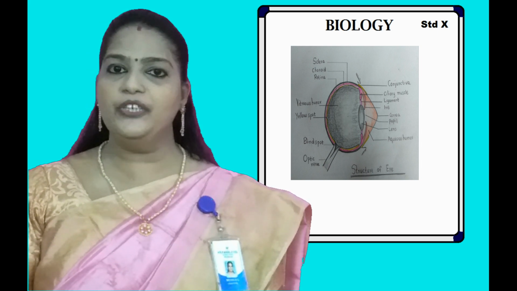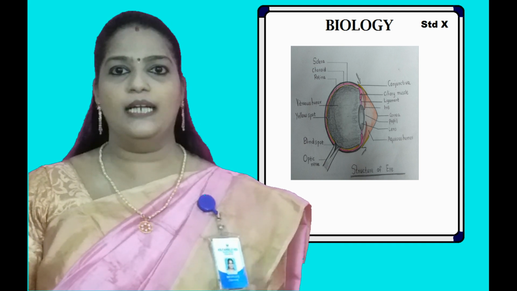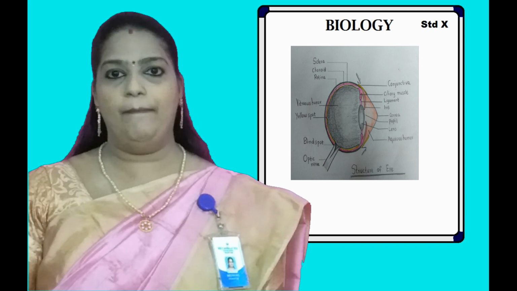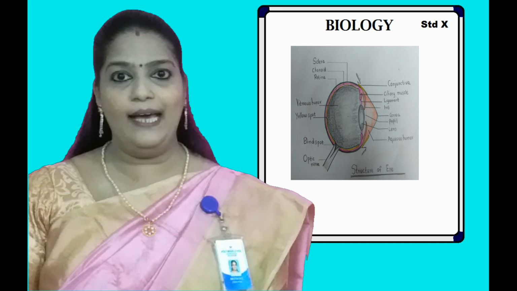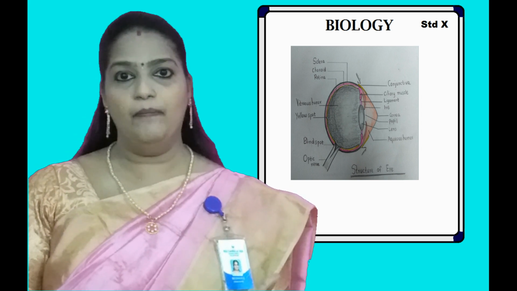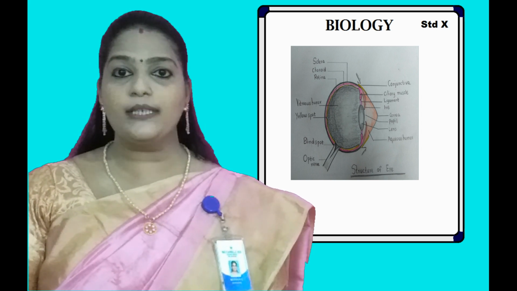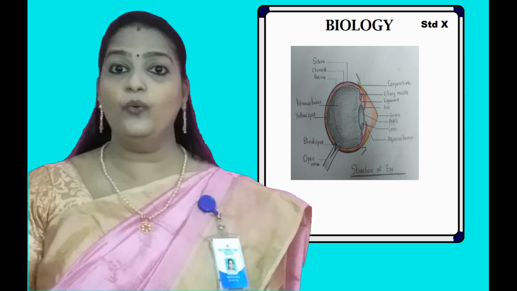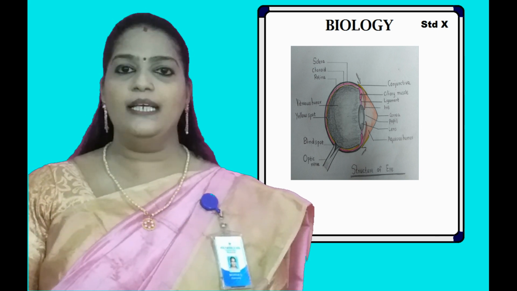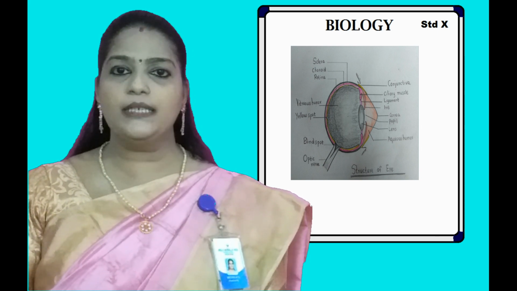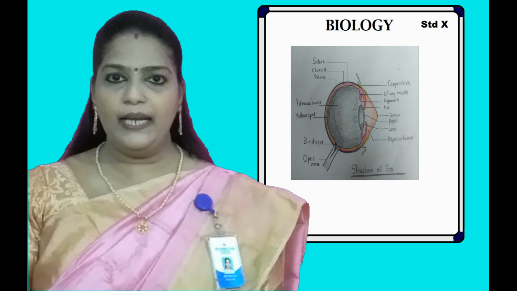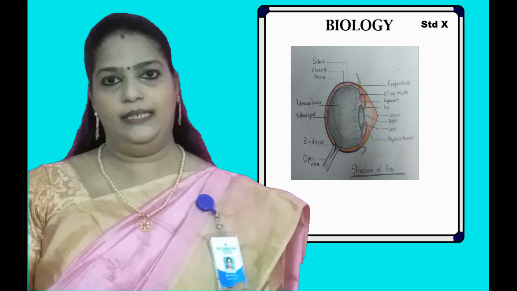Choroid, as it is rich in blood vessels, is considered a vascular membrane or vascular layer. Vascular means rich in blood vessels. So this vascular layer has modified into different structures, that is the ciliary muscle, the suspensory ligaments and the iris.